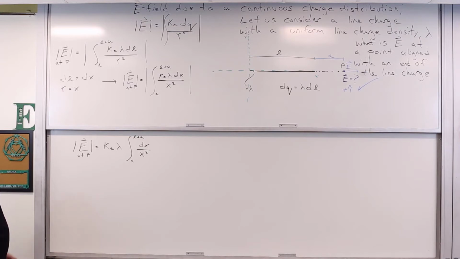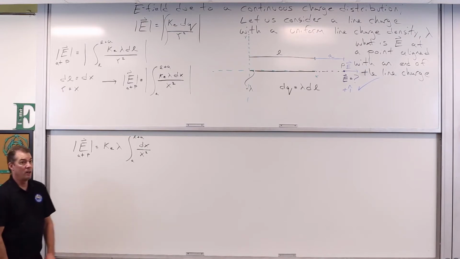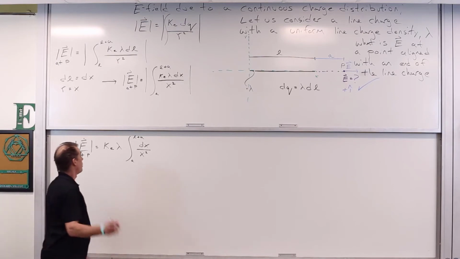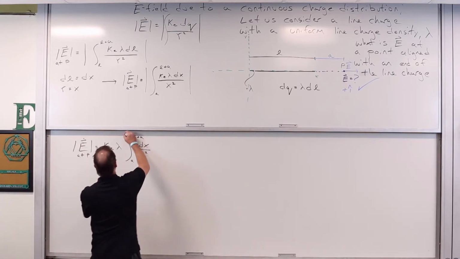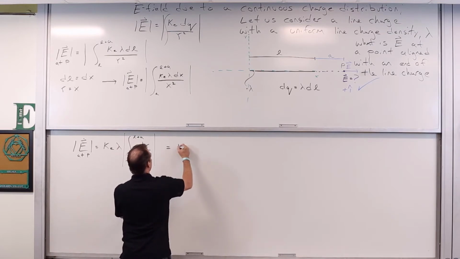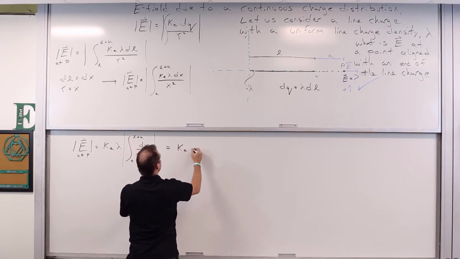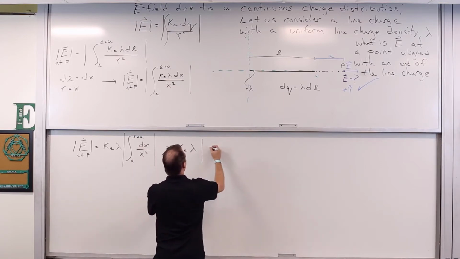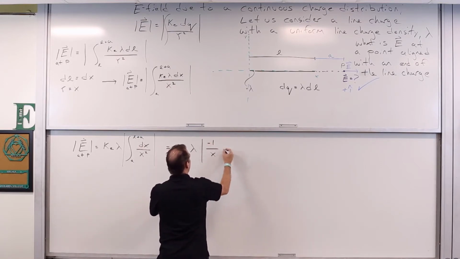What do we get out of that? Well, what's the integral of 1 over x squared? Negative 1 over x to the negative 1. That's it. So, still have the absolute value signs there. And this is going to be equal to k sub e times lambda multiplied by the absolute value of negative 1 over x.